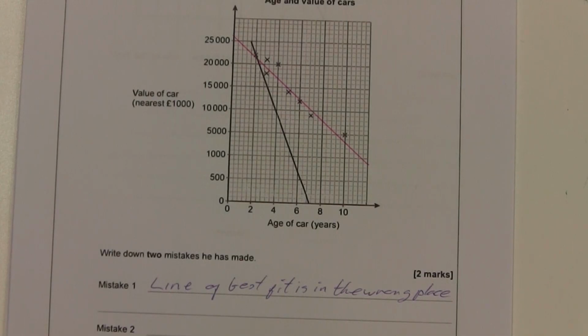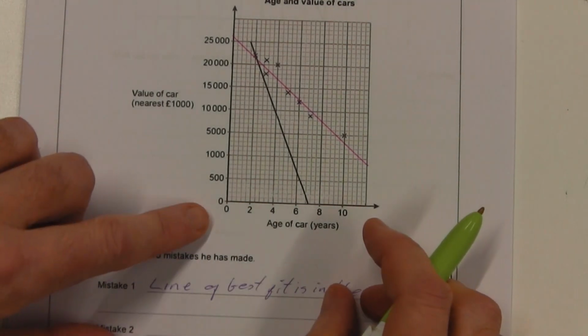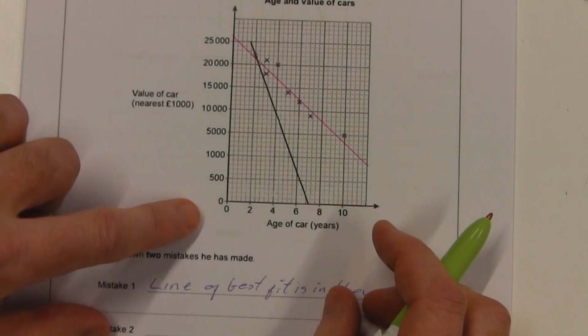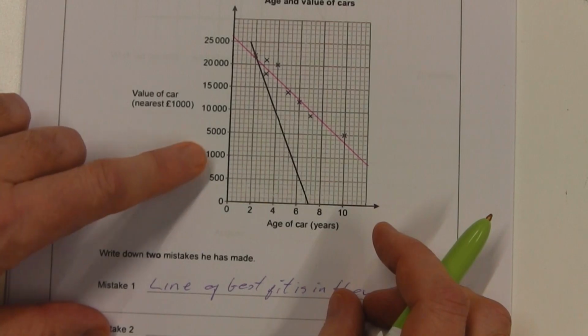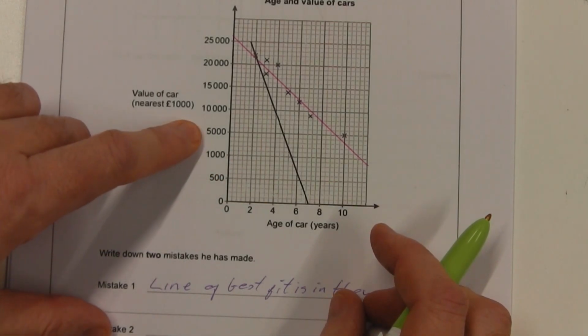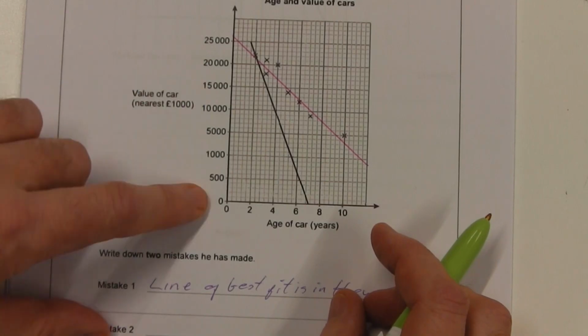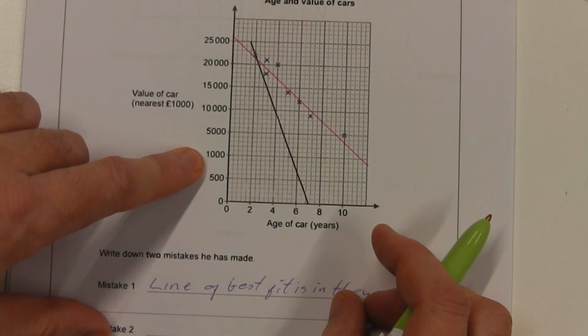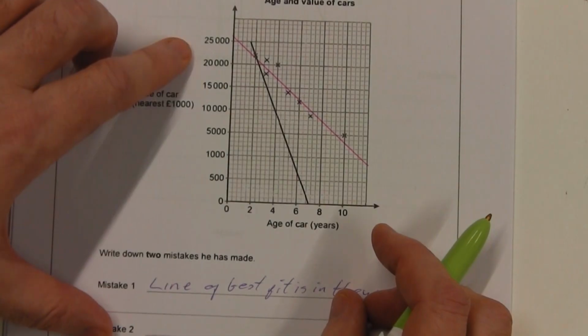Okay. For the second part of it, we need to be a bit more technical now. First off, if we look at our scale, we go from 0 to 500 and up to 1,000. So we've gone up by £500, but then we suddenly jump to 5,000, then 10,000. So we've gone up by 500 quid and then by £5,000.